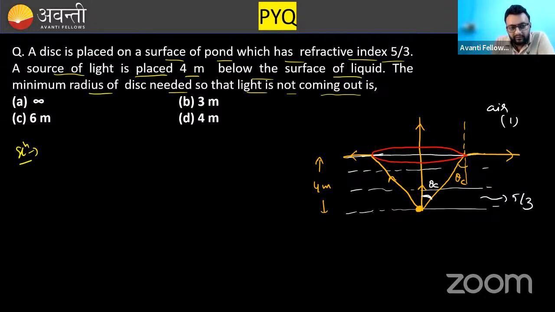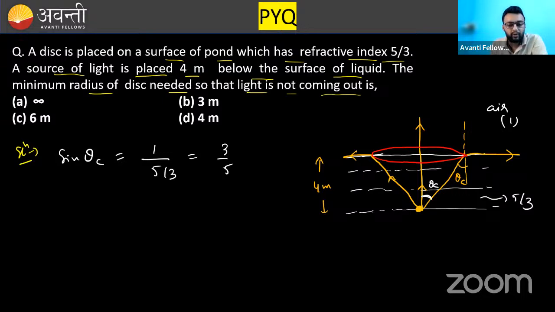Now, from critical angle definition, sine theta c should be equal to what? Rarer over denser. Rarer medium is air divided by denser medium is 5/3. So that should be 3/5. Sine theta c is 3/5.